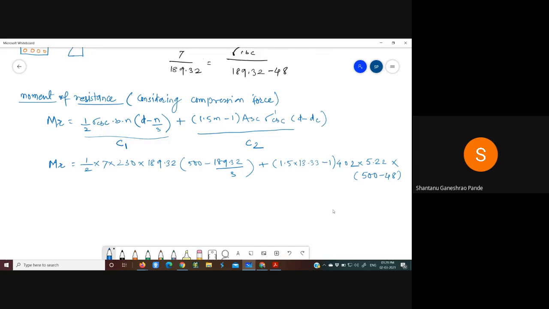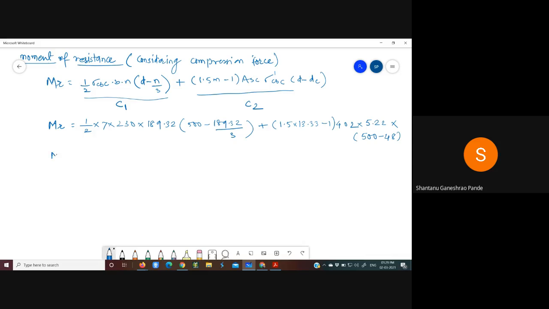Simplify this. 90.75 into 10 raised to 6.